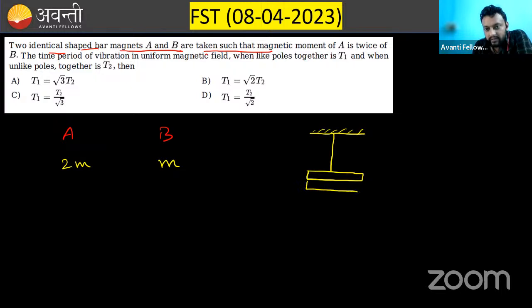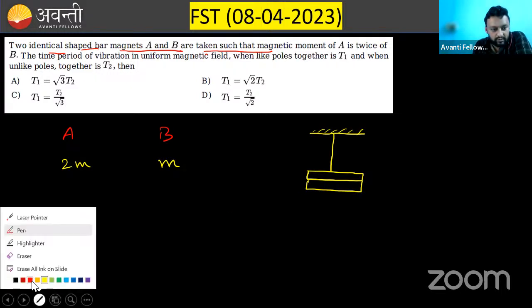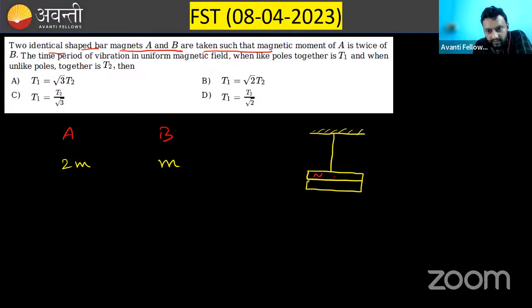Like poles together means their north and south poles are in the same direction. Let's suppose this is north, this is south, this is north, this is south. This is bar magnet A, this is bar magnet B. And in this situation, time period is T1.